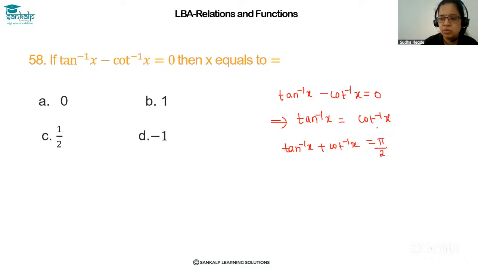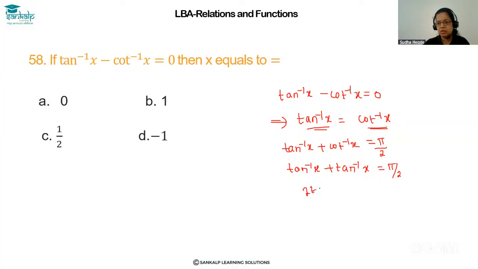So here you got cot inverse x as tan inverse x. So substitute it. Tan inverse x plus tan inverse x is equal to pi by 2. Or 2 times tan inverse x is equal to pi by 2.